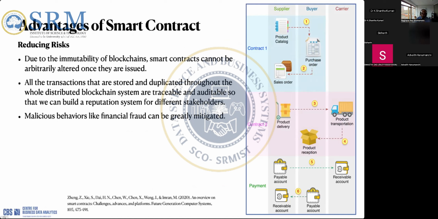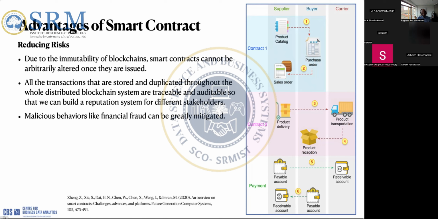First of all, the smart contracts are hosted on the blockchain, right? And we have seen that blockchain is immutable. We discussed that extensively in the first course when we were discussing the blockchain and cryptocurrencies.